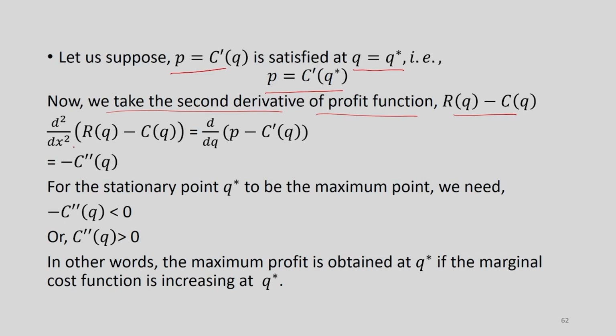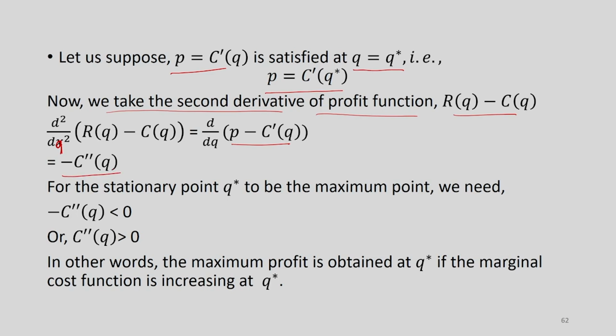This should be Q, not X. And if we do so, it basically is taking the derivative of the first derivative, that is p minus c prime q. P, remember, is a constant, so the first term will drop out, it will now boil down to minus c double prime q.